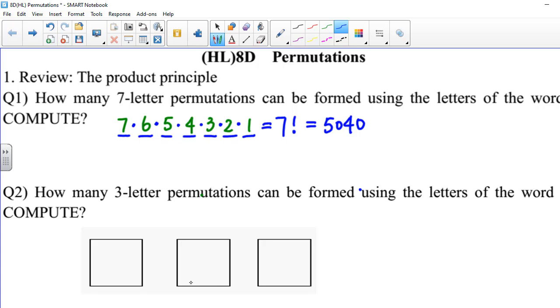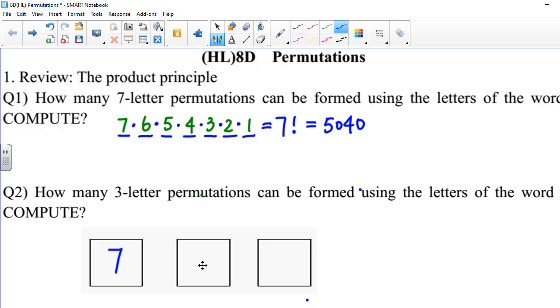You can draw 3 lines or 3 boxes to show 3 steps. Step 1, find the letter to fill up the first box, which is the first step. I have 7 letters in total, so for the first letter I should have 7 choices. After I use 1 letter in the first box, I still have another 6 letters to choose.